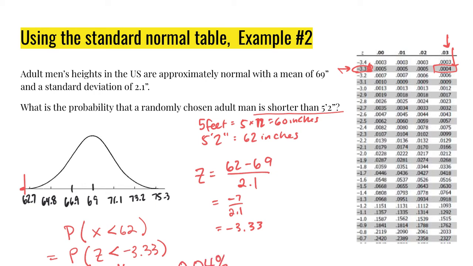There's roughly a 0.04% chance that a randomly chosen man would be less than 5 foot 2 inches in the US.